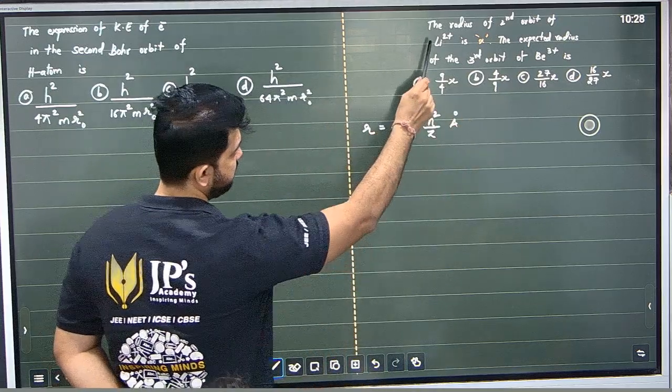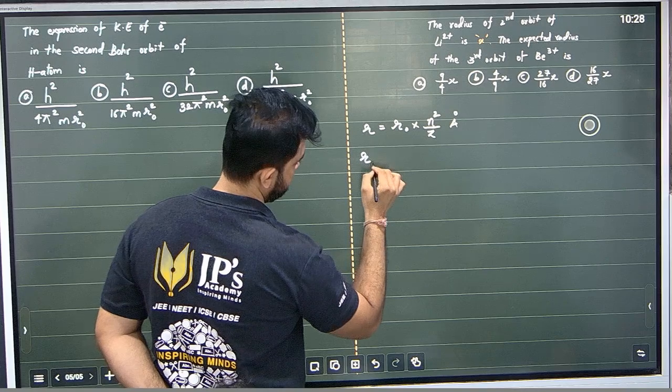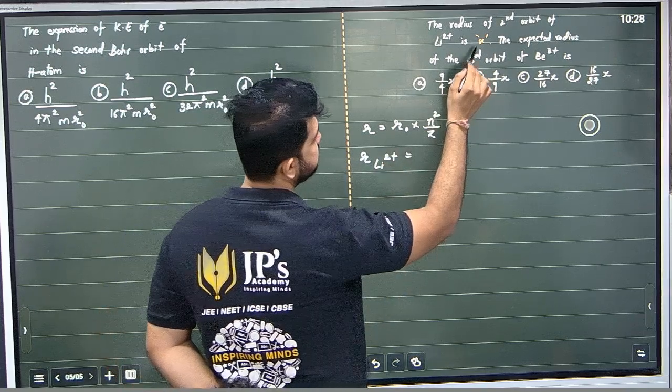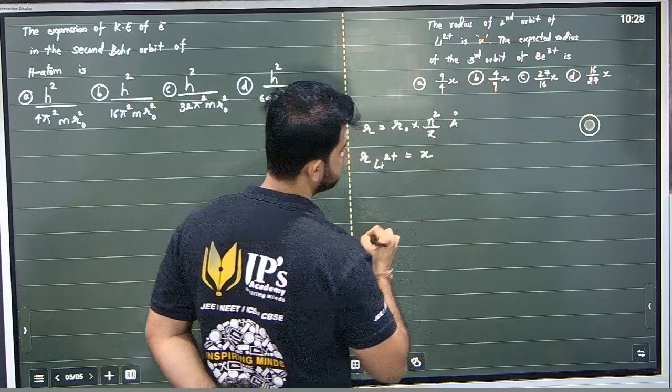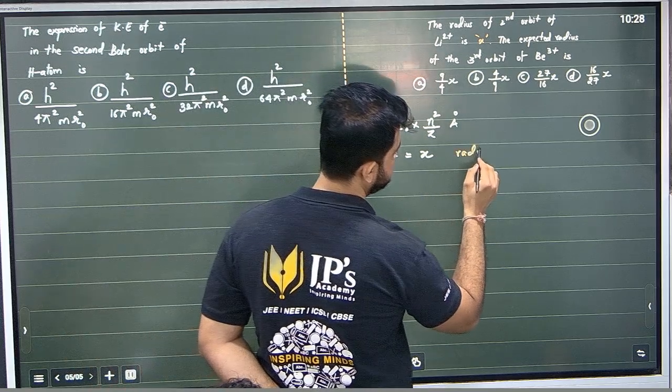Now they're saying that the radius of the second orbit of Li2+, the radius of the second orbit they've given is x. Okay, I'll write it here, radius of second orbit.